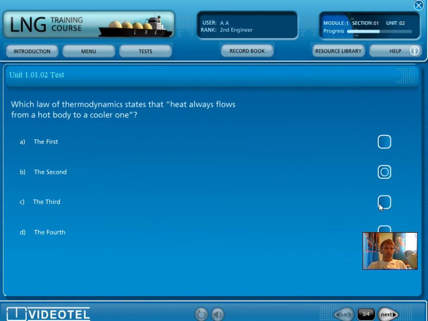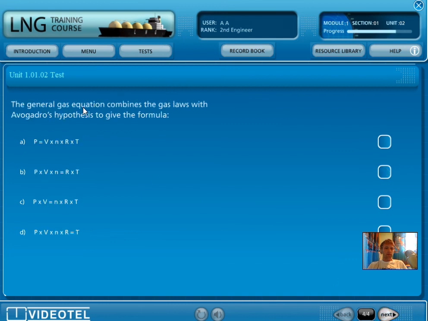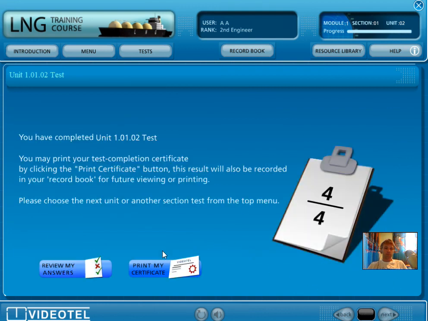The second law. The general gas equation combines the gas laws with Avogadro's hypothesis. If I remember correctly, this is the correct formula. So we have been correct in all these four questions. We have answered properly.